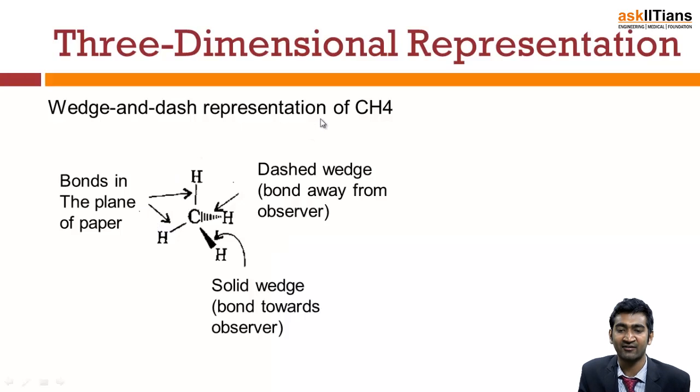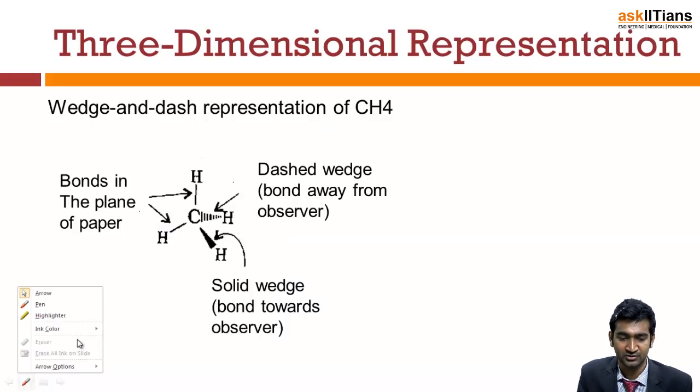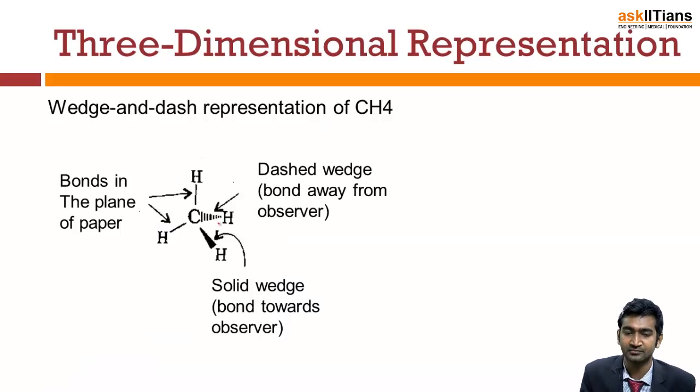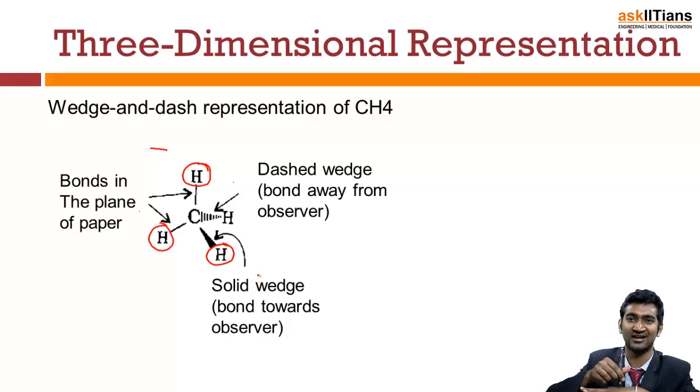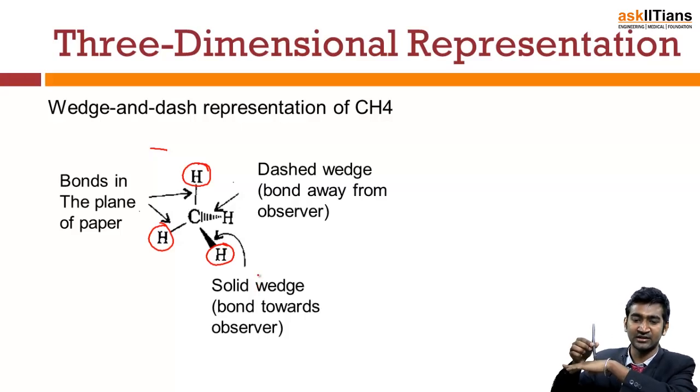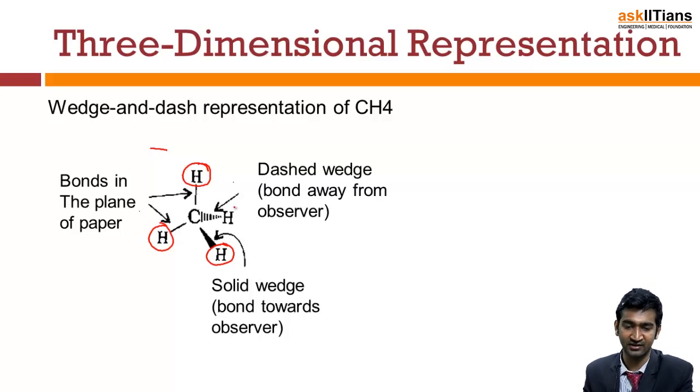So here you can see I have drawn the structure of CH4. If I consider this methane, these two C-H bonds are in the plane of the paper. That's why I represent them just by a line. And this one which I represented by the solid wedge is towards the observer, and the one which is the dashed wedge is away from the observer.